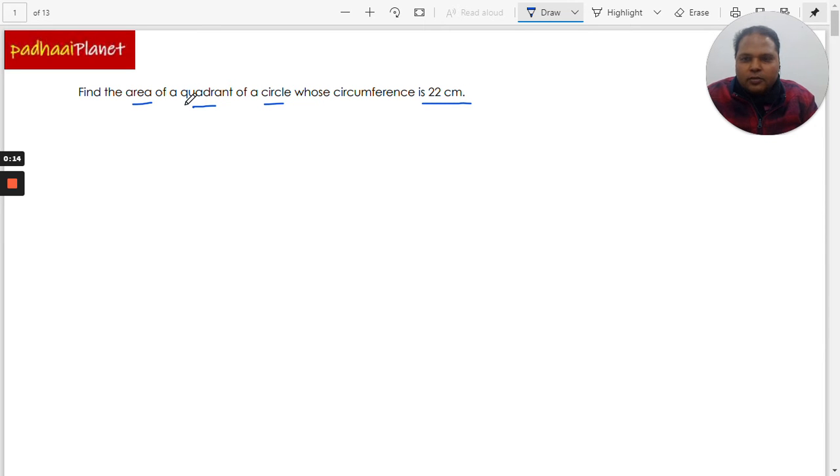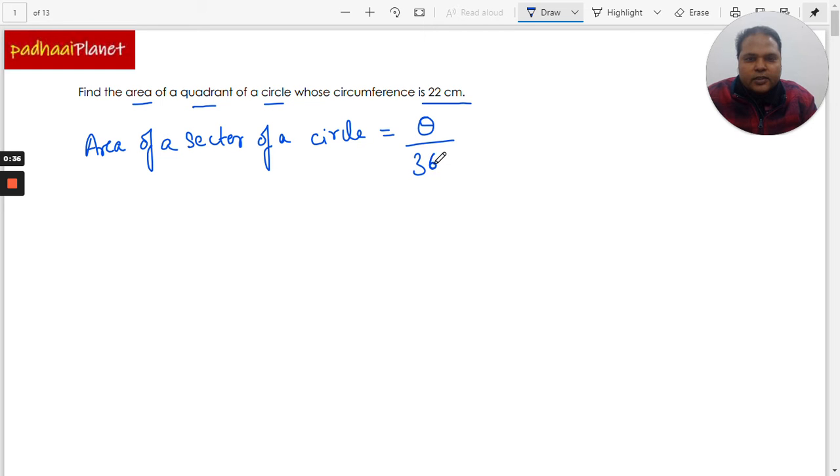Now let's get the formula for how to find the area of any sector of a circle. So the area of a sector of a circle is equal to theta over 360 degrees multiplied by pi r square.